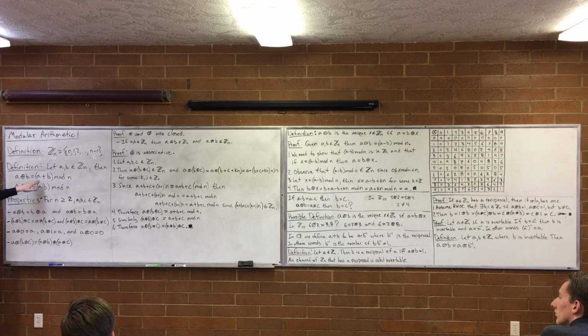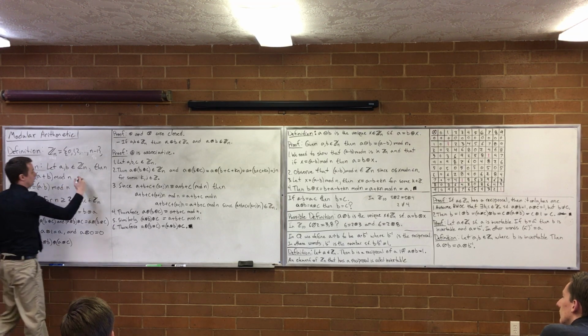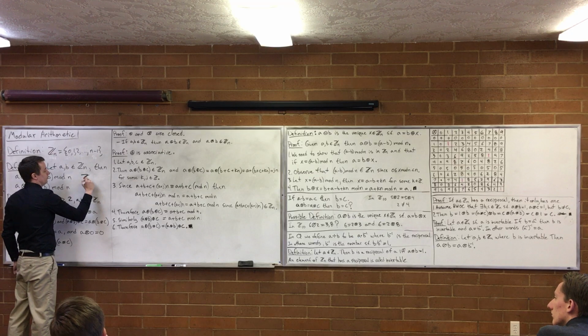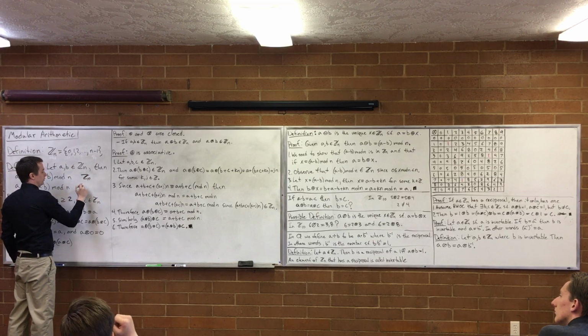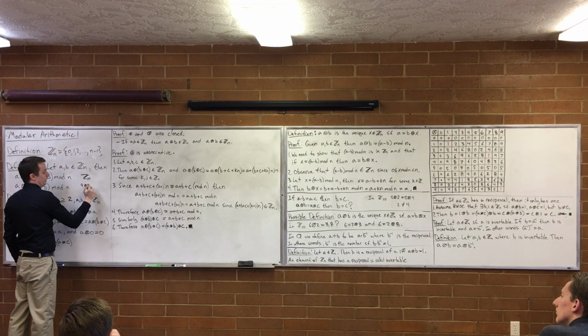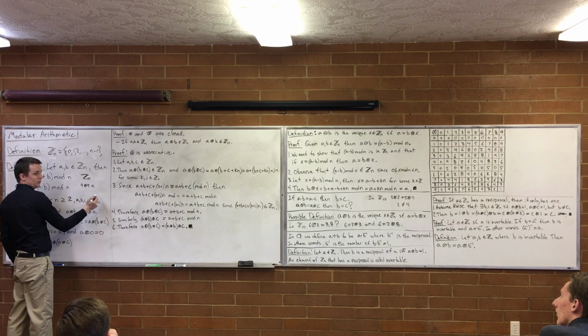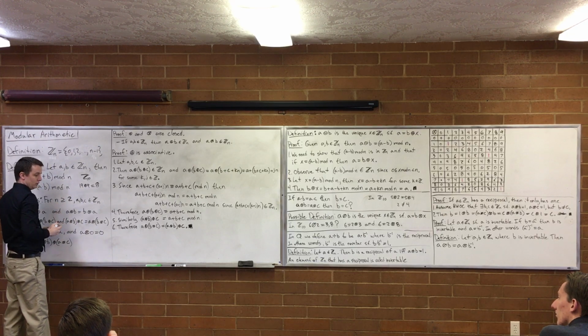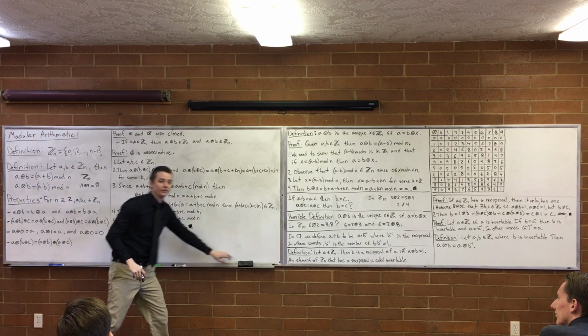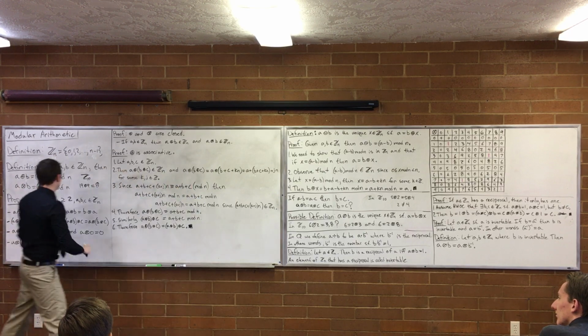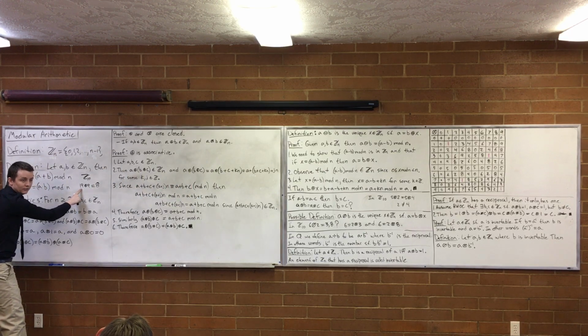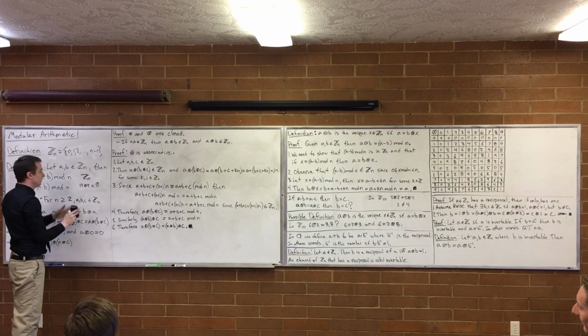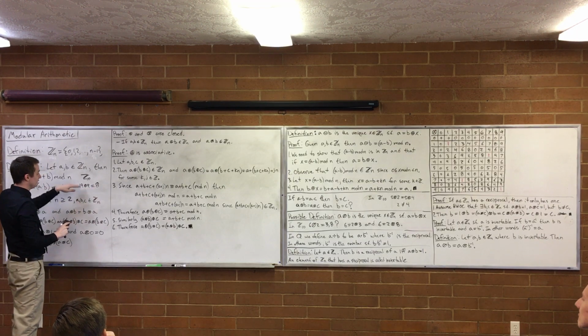If we were in the context of Z10, and I asked for 9 plus 9, that gave us 8, exactly. What about 19 plus 9? Undefined. 19, what's that? Right. So careful. The only things that this makes sense for are numbers in the set Z10.